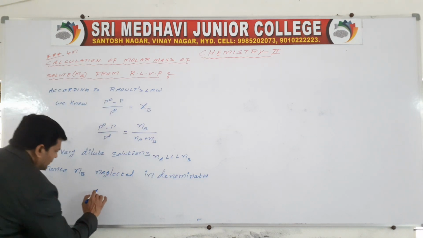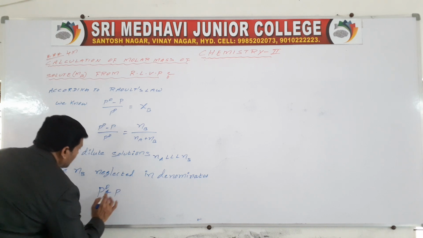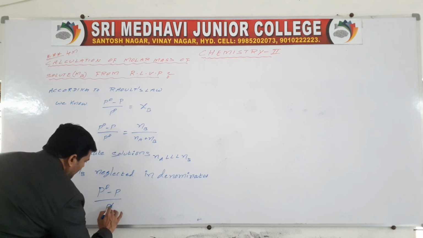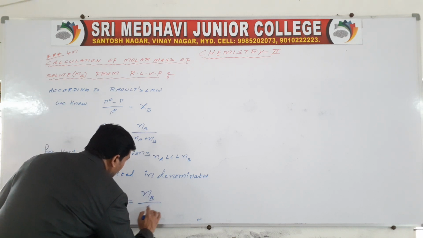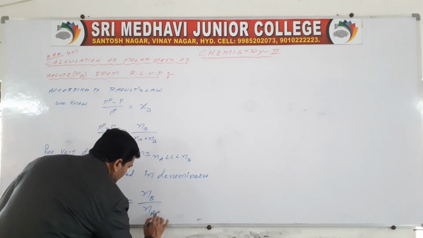Then what happened? P naught minus P by P naught is equal to NB by NA.